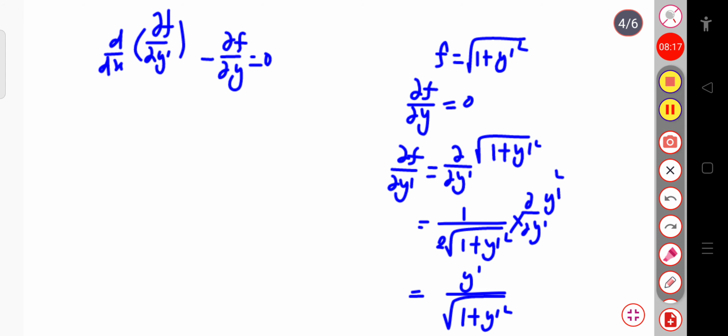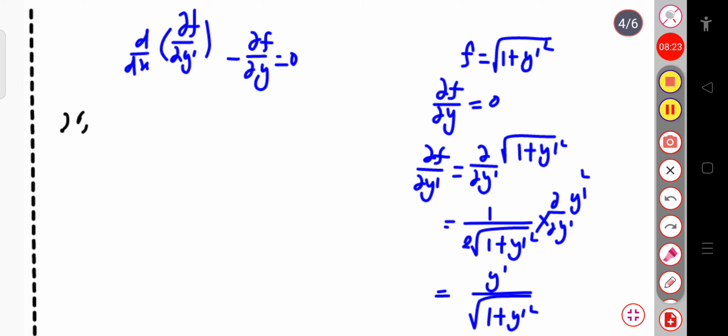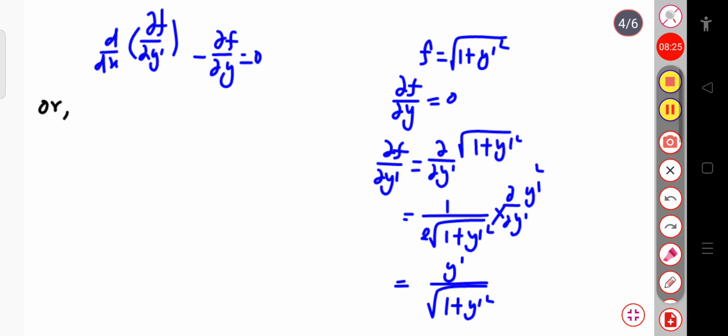Now if I substitute all these values here, this equation becomes d by dx of the value of ∂f/∂y′, which is y′ divided by root over of 1 plus y′ square, minus ∂f/∂y, equal to 0.